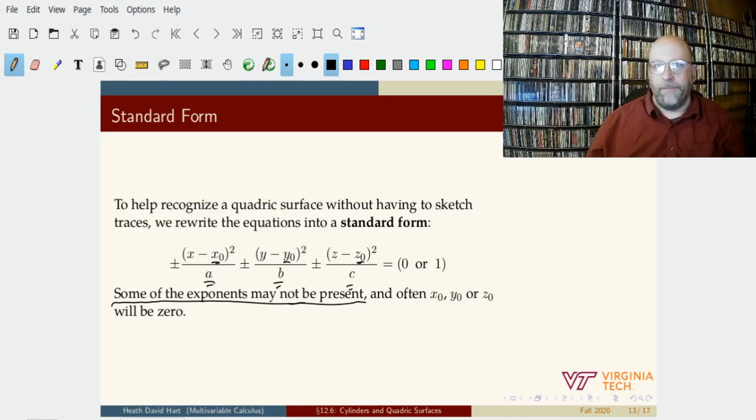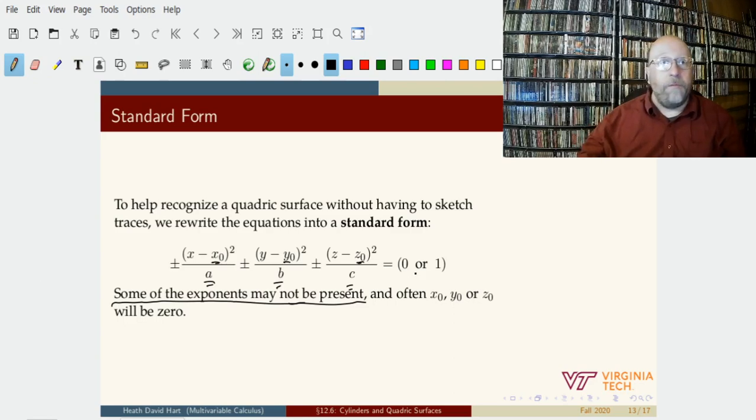Any number that's non-zero, we divide by that number, and that gives us some denominators over here. And then we end up with a 1 on the right side. So the right side will either be 0 or 1. We will divide by the right side to make it a 1, unless the right side's a 0 and we can't divide by 0. We're stuck with a 0 there. Okay? Are we okay so far?